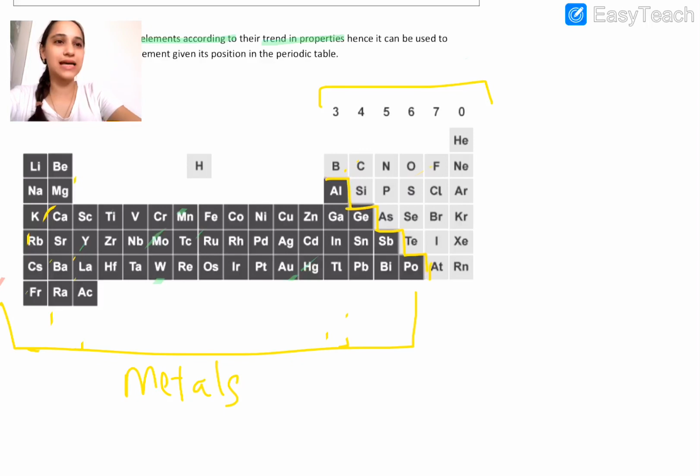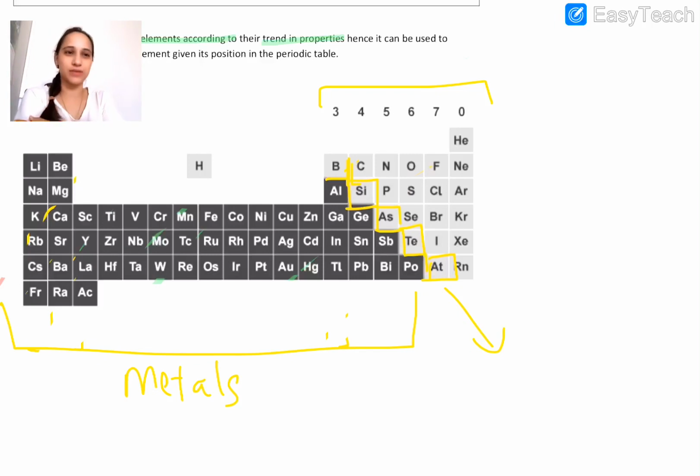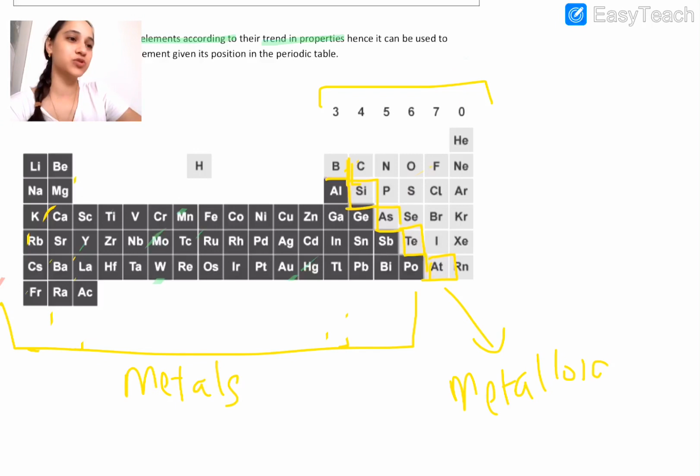Now, anything that lies on the border of that line is actually a metalloid. They share properties of metals and non-metals, so they can be a little bit confusing. Anything on the borderline of that staircase line has both properties of metals and non-metals, so they are called metalloids or semi-metals.